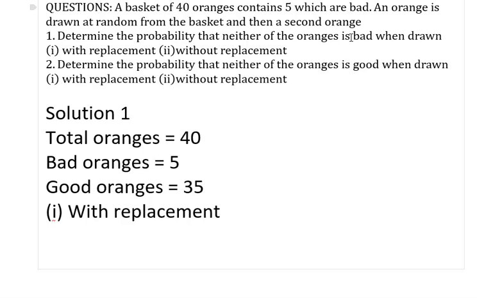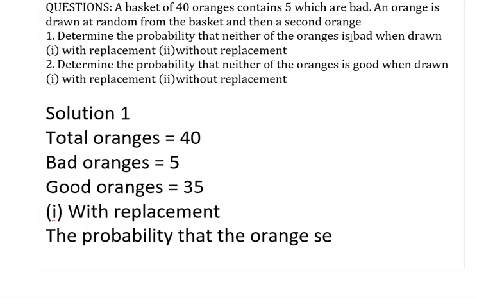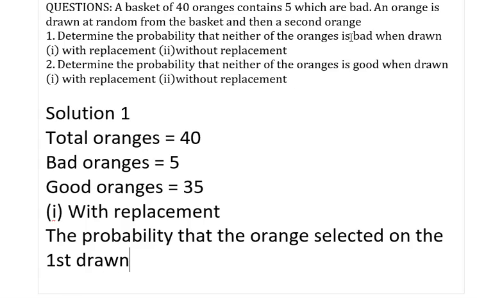So the probability that the orange selected on the first draw is good will be total number of good oranges over total number of oranges, because we're told that neither of the oranges is bad.